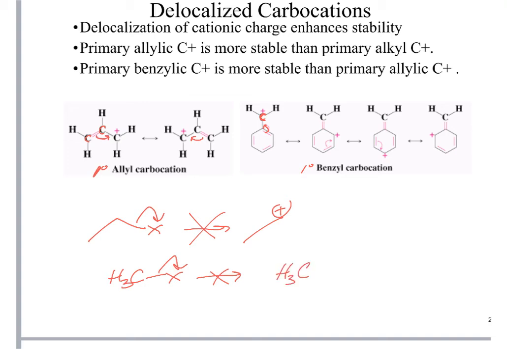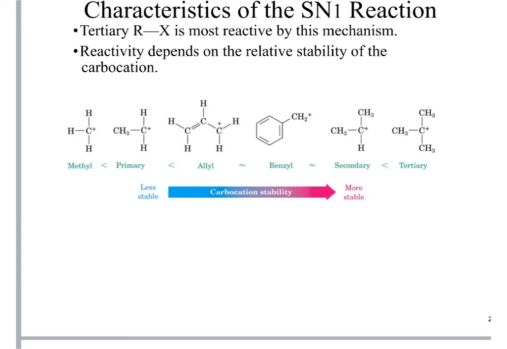Carbocations of that nature do not form in solution, but only in the gas phase. They are too unstable. So let's focus on primary allylic and benzylic carbocations, as well as some secondary alkyl carbocations, and then tertiary alkyl halides.